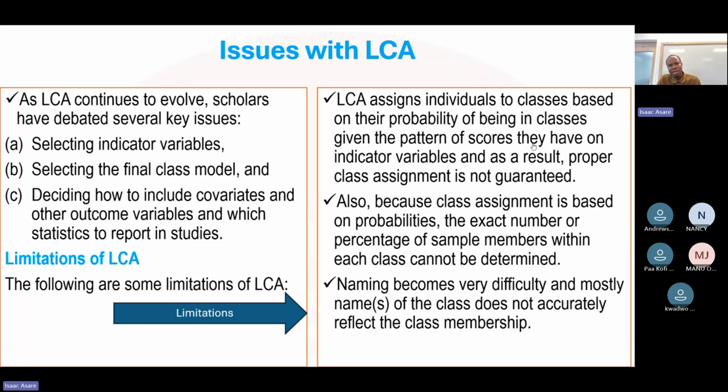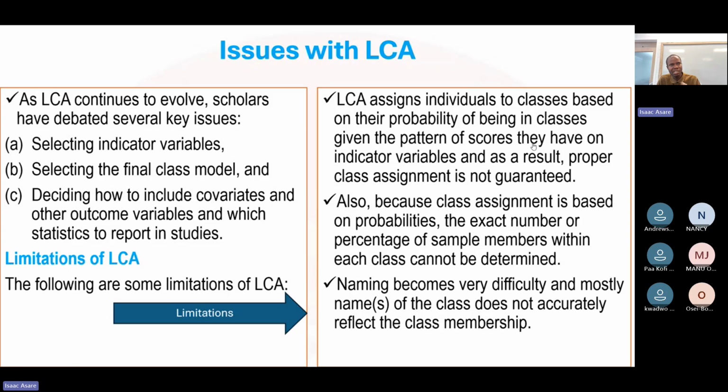Then we are also saying that because class assignment is based on probability, the exact number or the percentage of the sample members within each class cannot be determined. The system uses probabilities to do the assigning. If you multiply the probability by 100, you get a percentage. Because of these percentages, you're unable to determine the actual numbers, unless you take your time to estimate it manually.